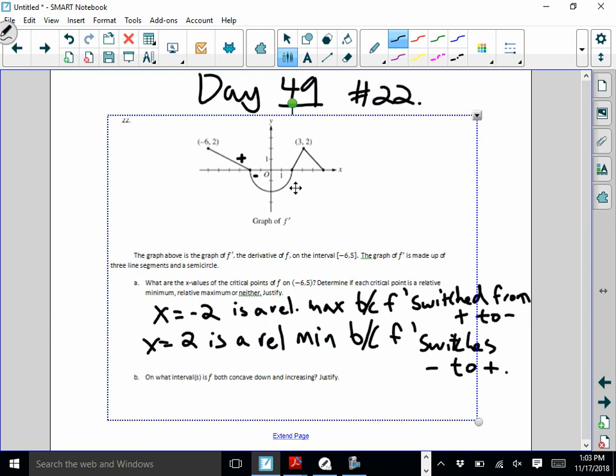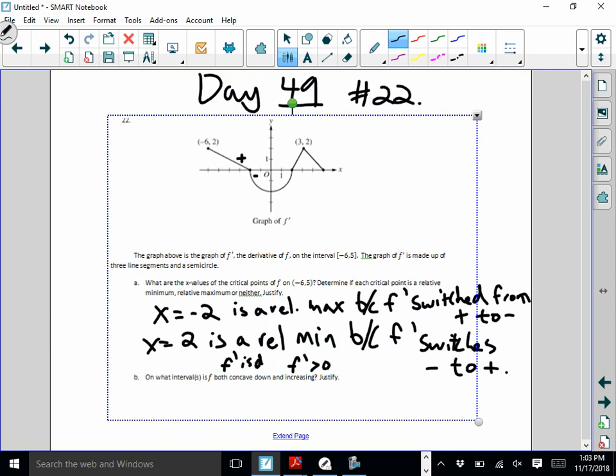Okay, so once again, I have to know my definitions here. f is increasing whenever f prime is greater than 0. f is concave down, right? So that's why I covered up that section of my graph. f is going to be concave down when f prime is decreasing.